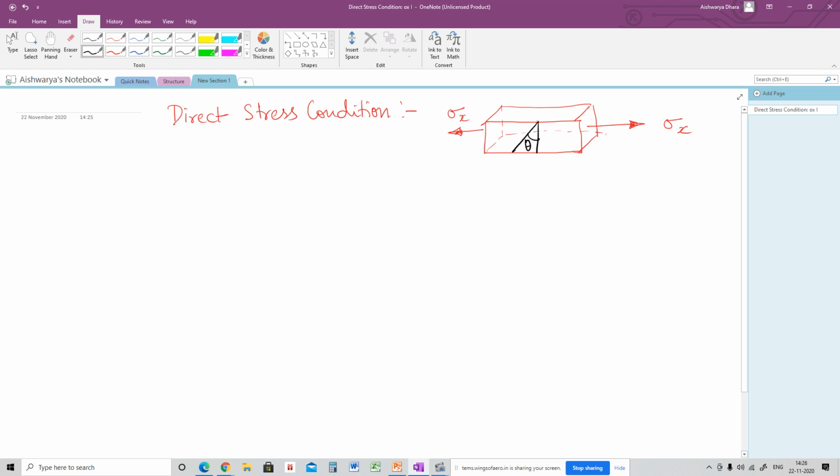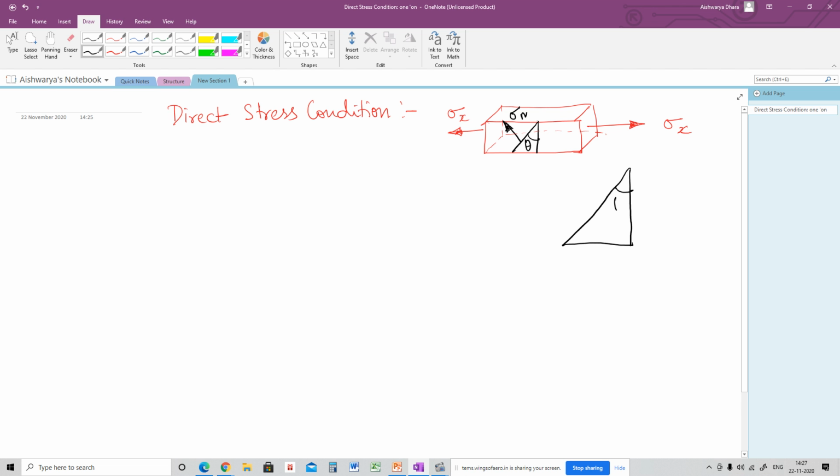Now this plane which is created will create a normal stress. Now if I magnify this particular part, we will get something like this.